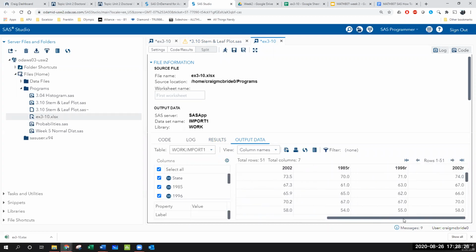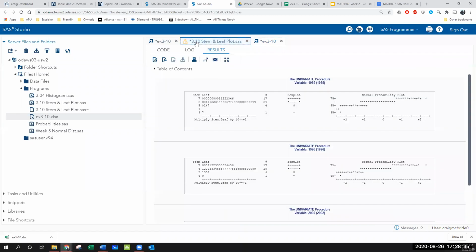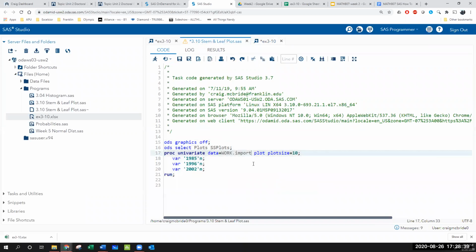Okay, good. Yeah, they're all there. All right. So now let's see. This is import 1. Let's just see for giggles if this works. Import 1 and get rid of this. Let's see what it does.